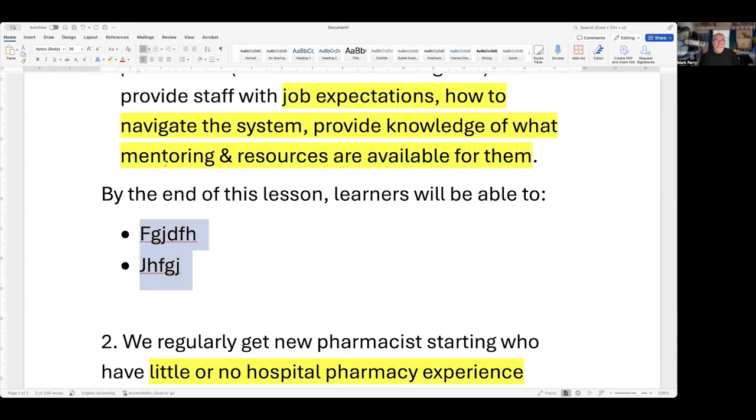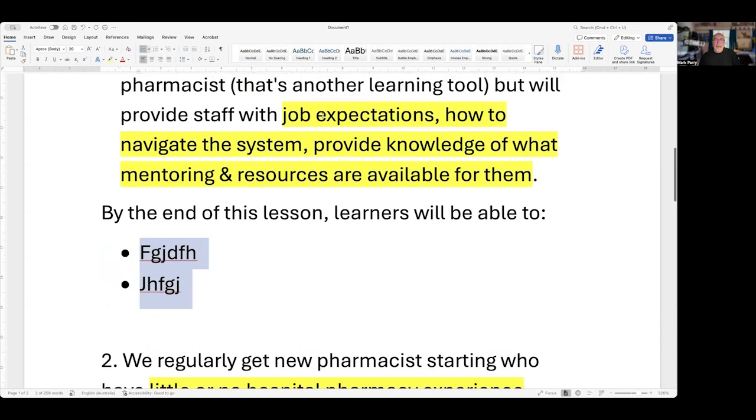Okay. So by the end of this lesson, learners will be able to, I reckon, state is a good verb, maybe even identify. Maybe requirements, or what do they call those? I'll put KPIs.